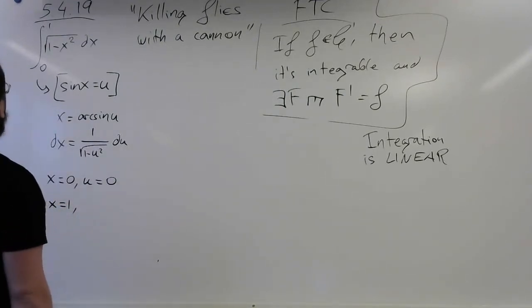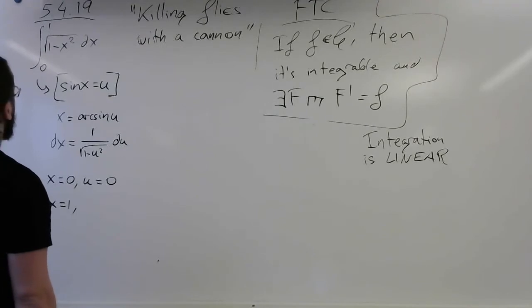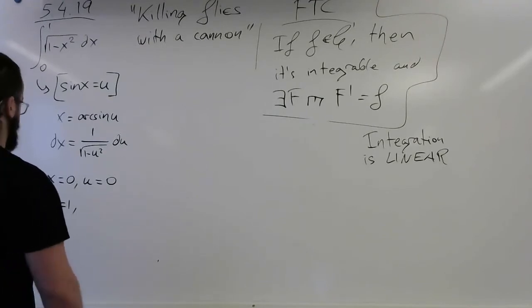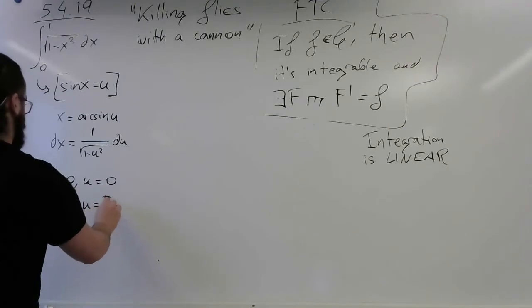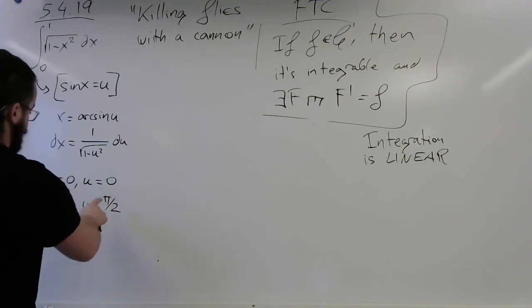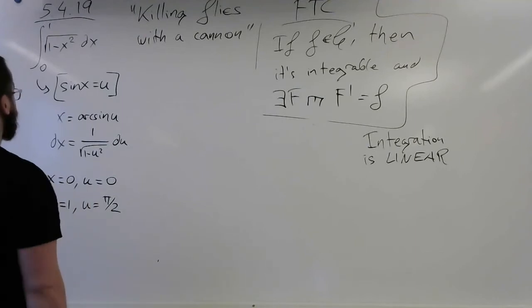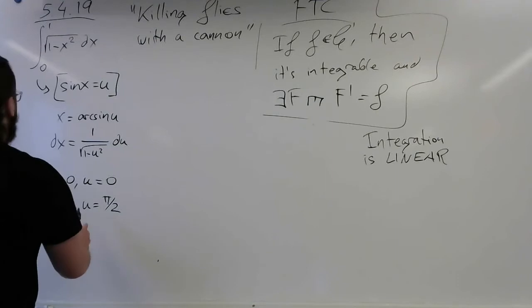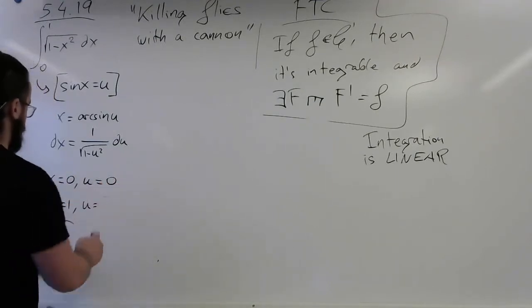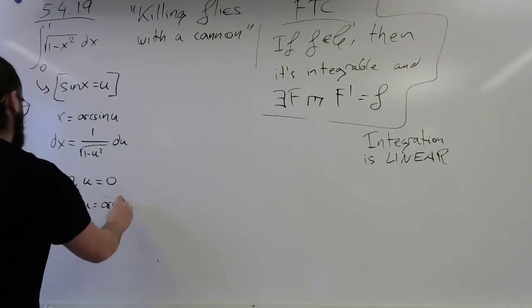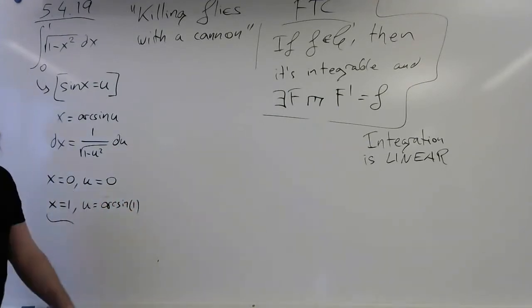When x equals 1, u is pi halves, right? No, u is not pi halves, u is the arcsine of 1. It will make sense later.